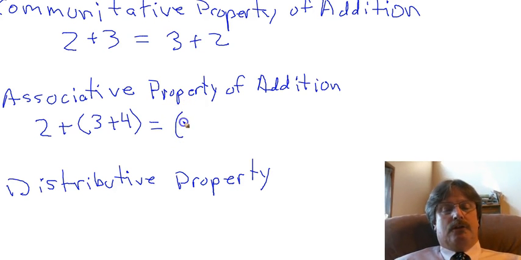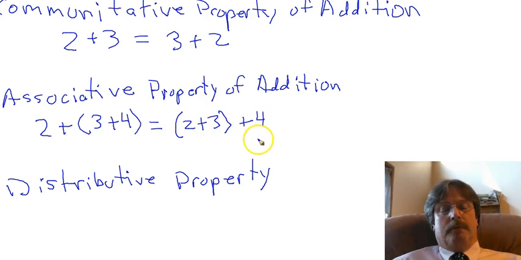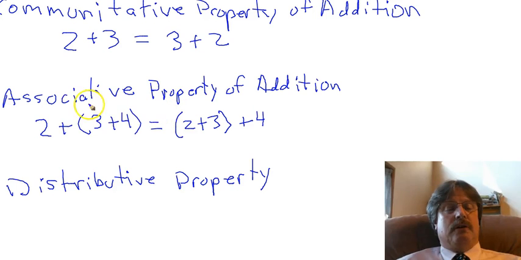So if I take the 2 plus 3 and group that, and plus 4, this now becomes 2 plus 3 is 5, and then plus 4 would be 9. So I still come out with the same answer, but the associative property of addition allows me to regroup that. These two are going to be important concepts to use as we go and learn the distributive property.